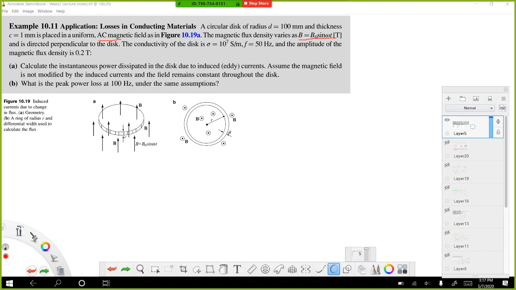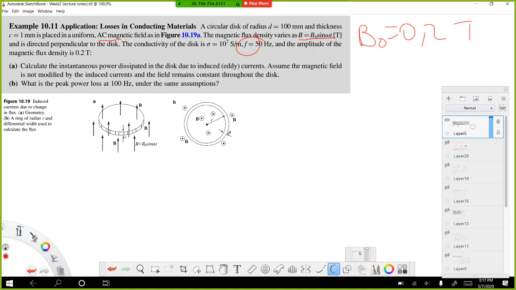Okay, the conductivity of the disk is sigma equal to 10 to the 7 Siemens per meter, and the frequency is 50 Hertz. Amplitude of the magnetic flux density is 0.2 Tesla. It means B0 is 0.2 Tesla.